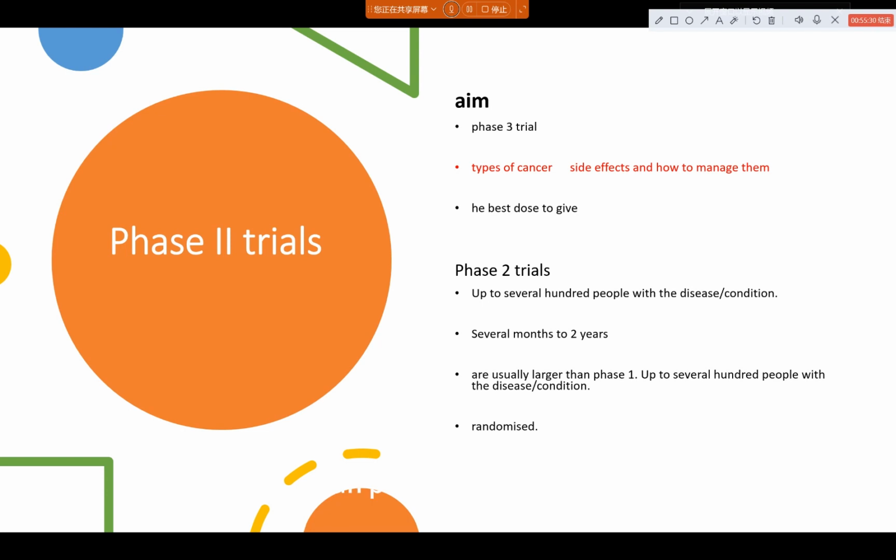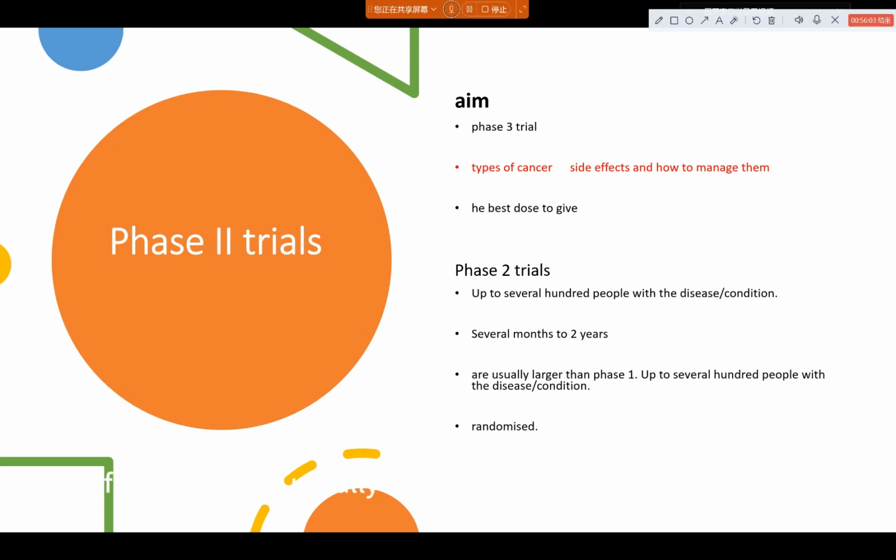Phase 2 trials aim to find out effective new treatments that can be tested in phase 3 trials, to find out which types of cancer the treatment works for, more about side effects and how to manage them, and more about the best dose.